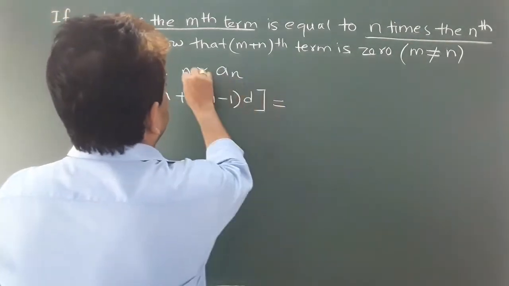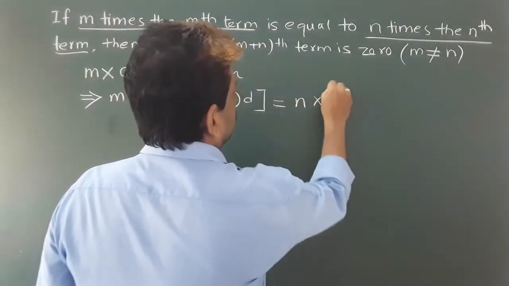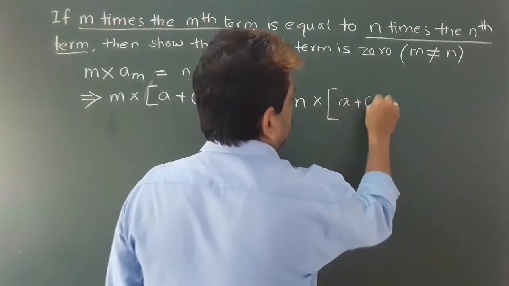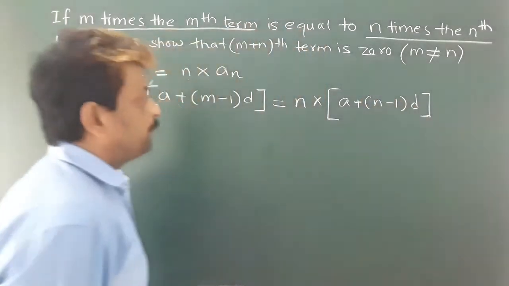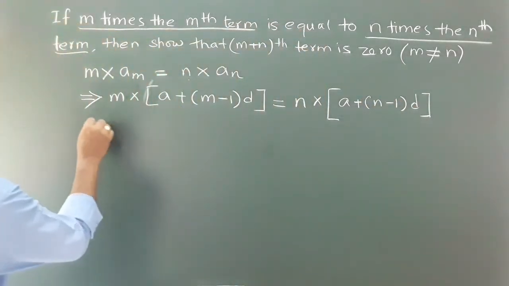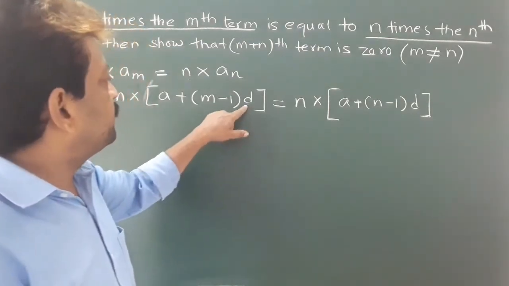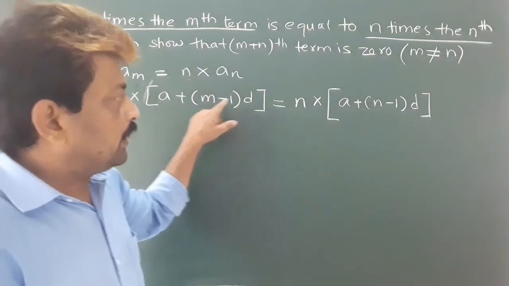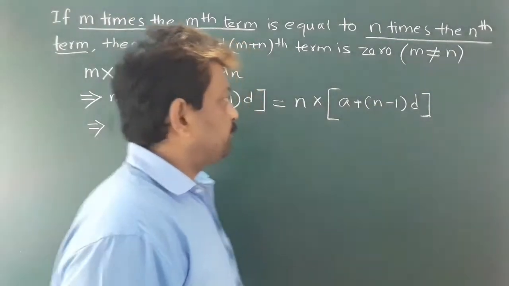Similarly here also, n multiplied with a_n. a_n is a plus (n minus 1)d. Now see, this a is the first term and d is the common difference. Here m is the number of a term of this AP and n is the number of a term of the same AP.